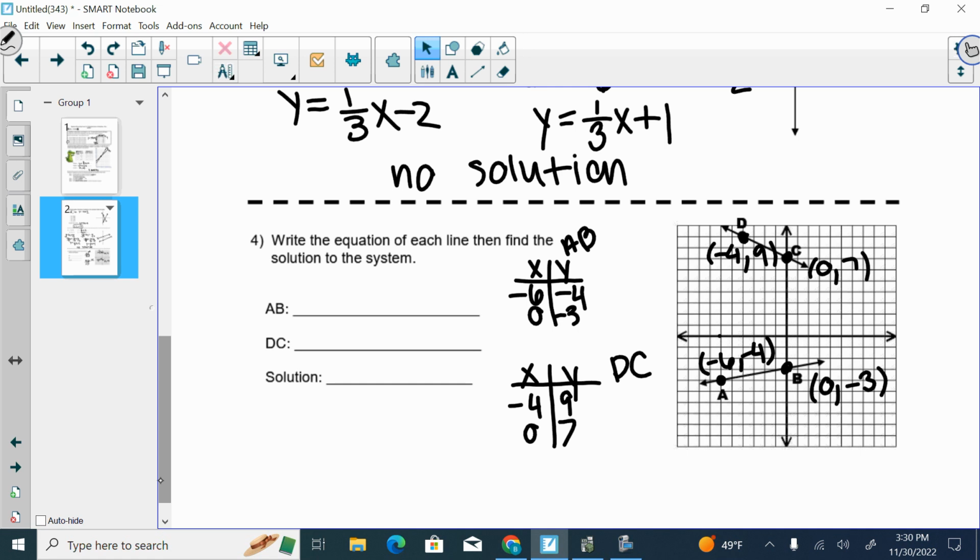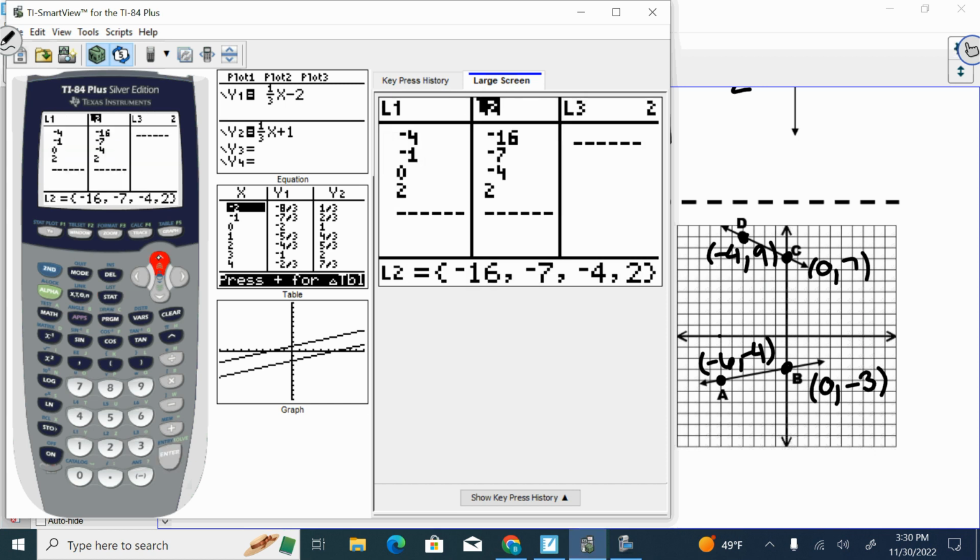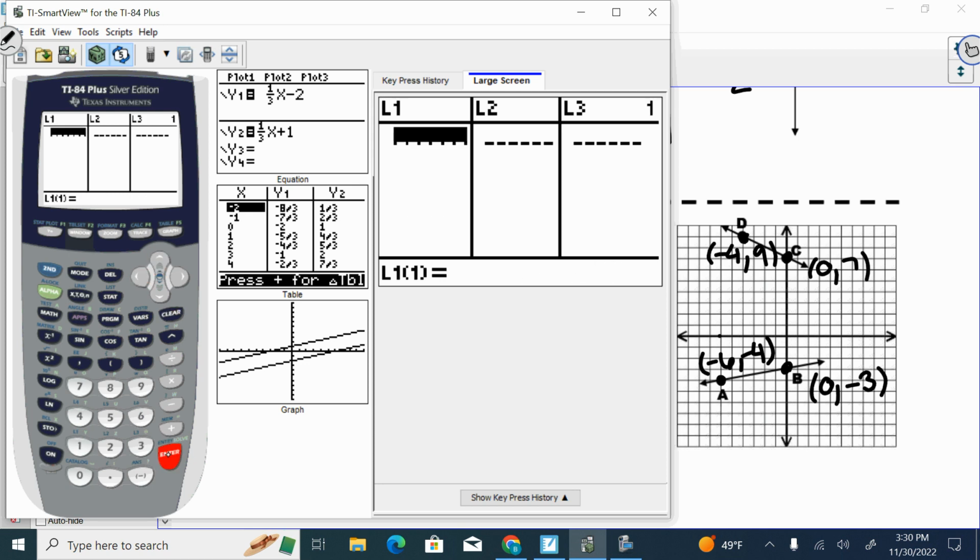So now that I have these tables, we can put them in stat, and it'll tell us what our equations are. Okay. So I go to my stat. And I'm going to put in these values. So we're going to put in AB's first. So we'll have -6 and 0 for my x's. And then in list 2, we're going to have -4 and -3.